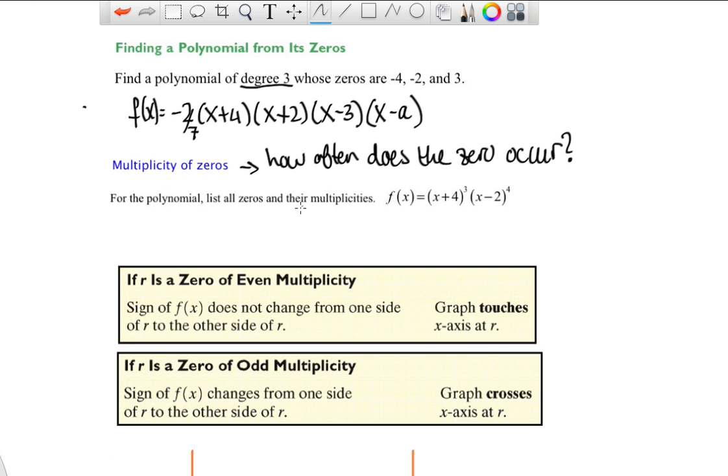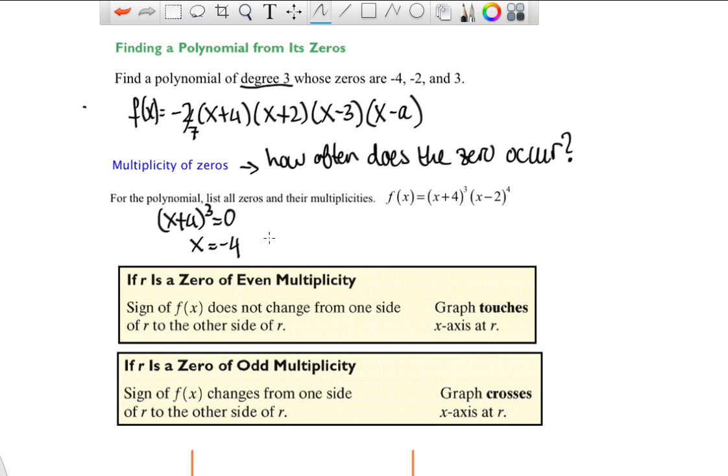So, here's an example. (x plus 4) cubed, (x minus 2) to the 4th. Find all zeros. Well, so the zeros would be this. (x plus 4) cubed needs to be 0, which happens when x is equal to negative 4.